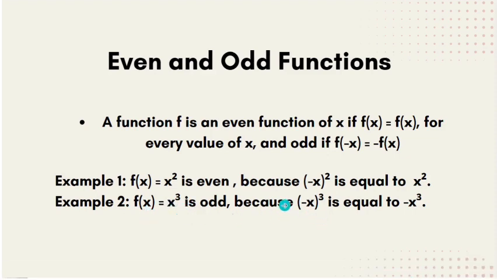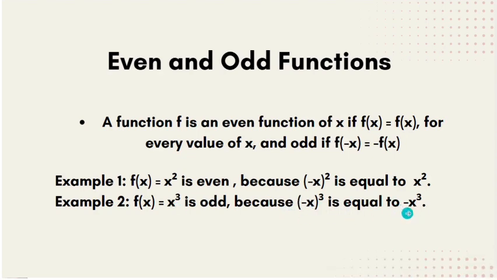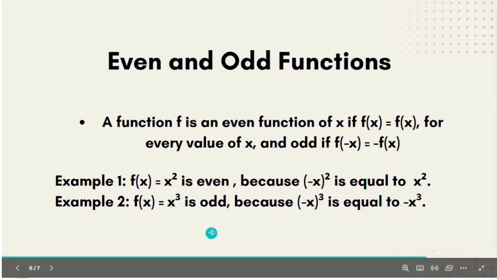So it became negative x raised to 3, which is equal to negative x cubed. As you observe, the original function and the answer have the same x cubed, but they have different signs. So that is odd. Even though they are the same x cubed, their sign is different. So that is odd.